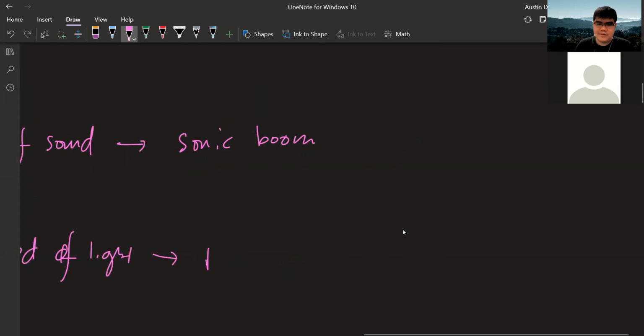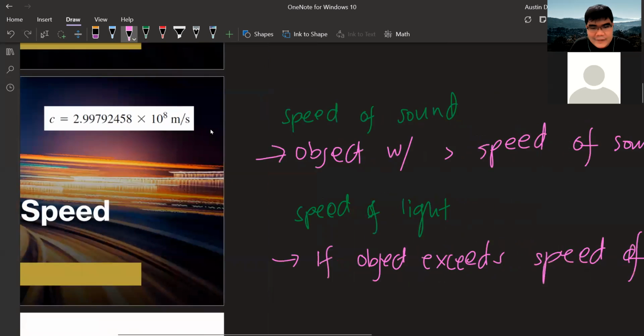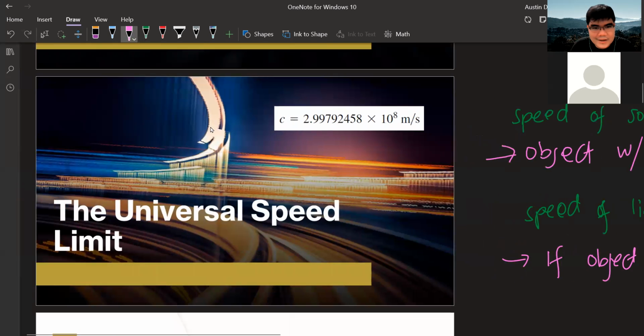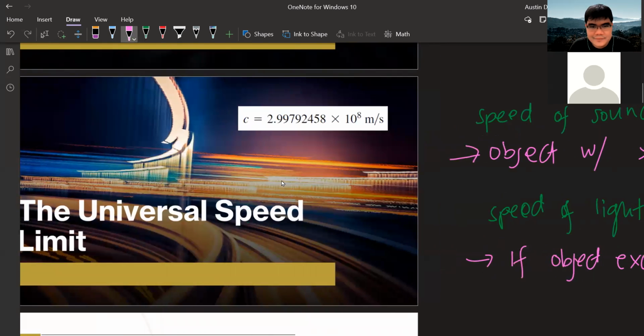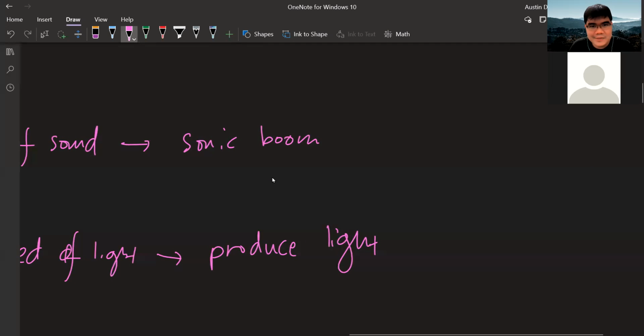You produce light. Okay? However, di ba sabi nga natin, speed limit ang speed of light. Okay, but this doesn't limit us from slowing down light. Okay? So, meron tayong, kunyari, sa inside of water, mas mabagal yung speed of light.